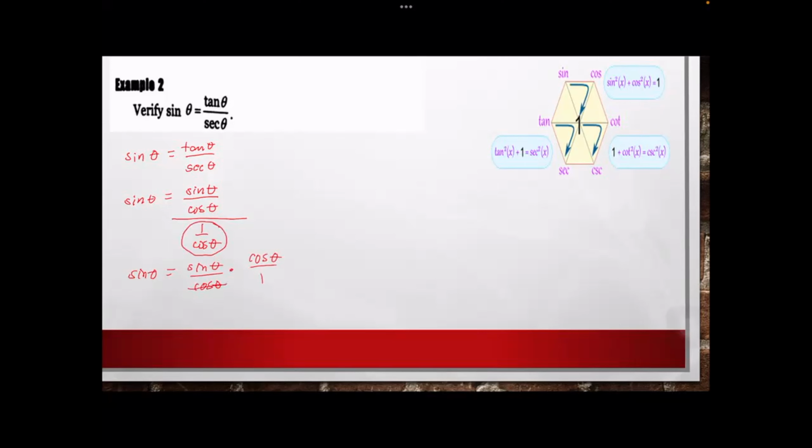We can cancel this. So, continuation here. Magkakaroon tayo ng sine theta is equal to sine theta over 1. Just to simplify, so this will be sine theta is equal to sine theta over 1 is sine theta. So they are equal.